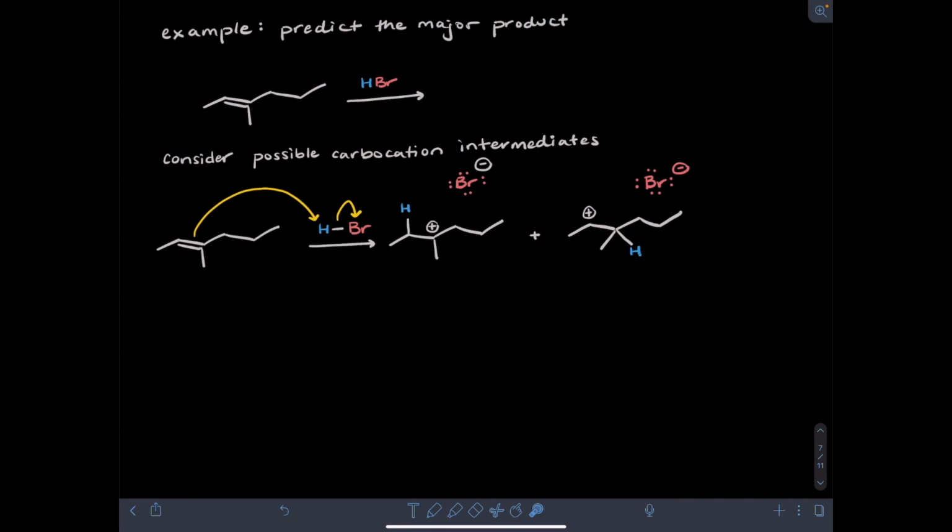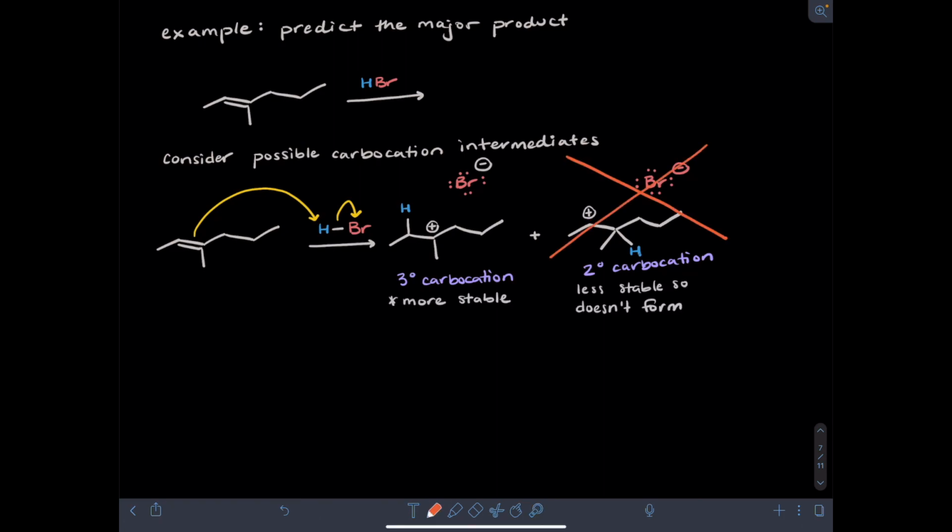Or what if hydrogen had added to the right carbon of the alkene? In this case, I would form a different carbocation intermediate. So I need to consider which of these would be formed preferentially. In one case, I have a tertiary carbocation, and in the other case, I have a secondary carbocation.